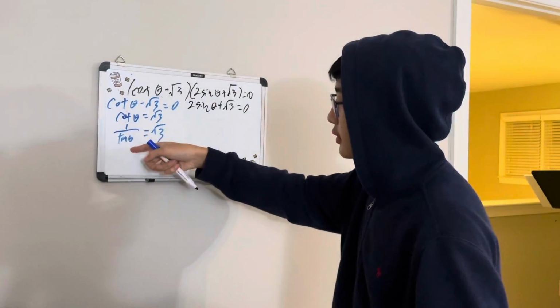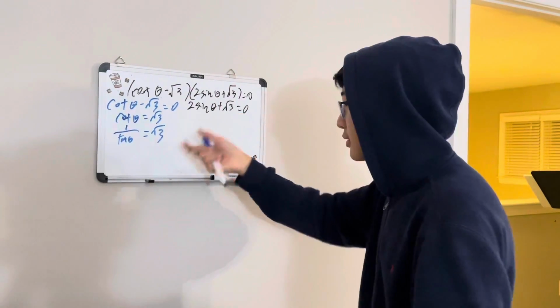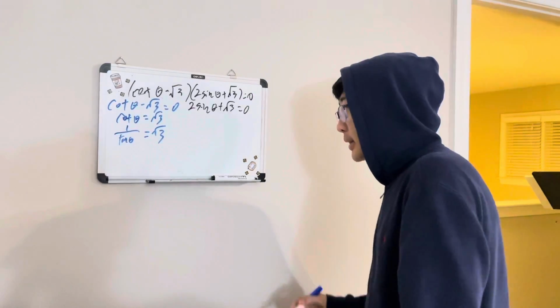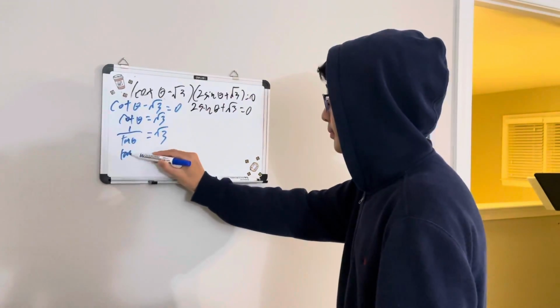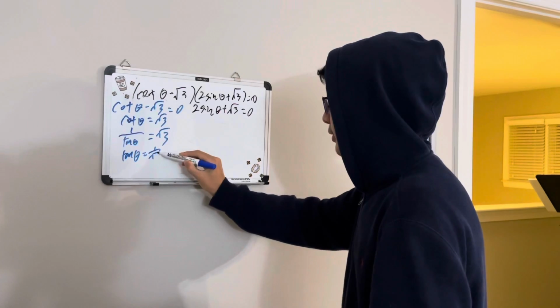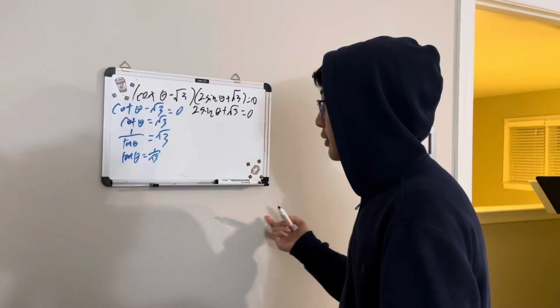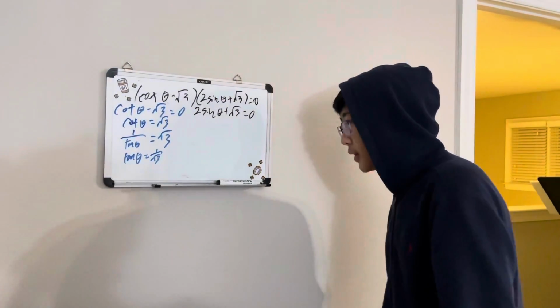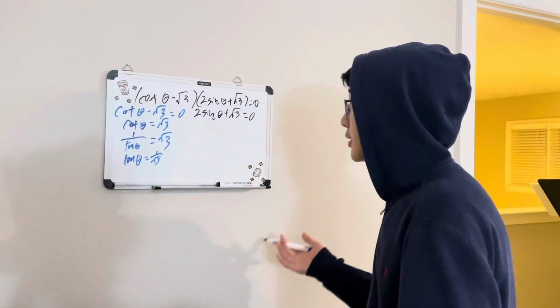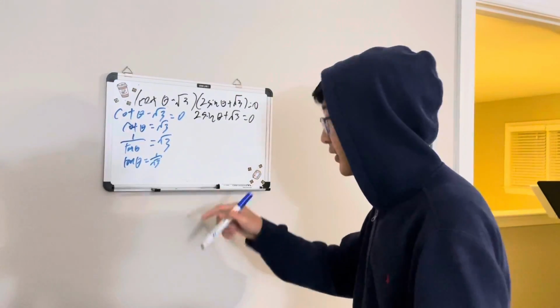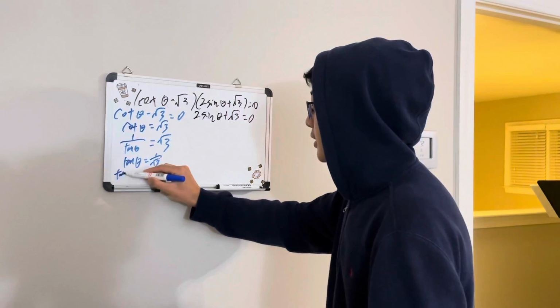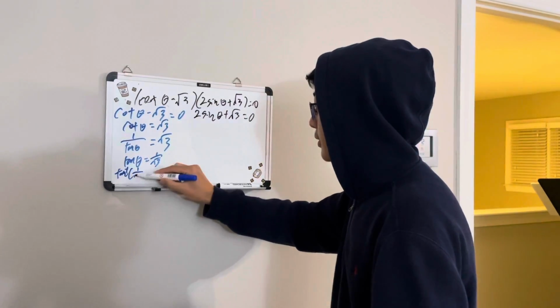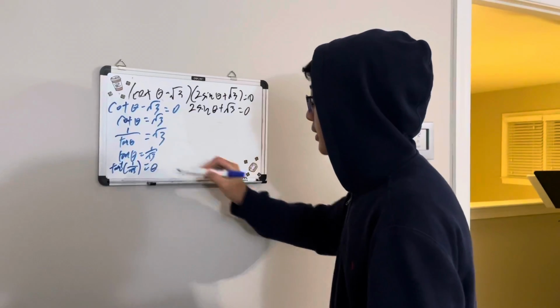Root 3 comes down to the denominator, and tangent is alone. And that's 1 over root 3, and to get the angle in radians, we need the inverse. So tangent inverse of 1 over root 3.